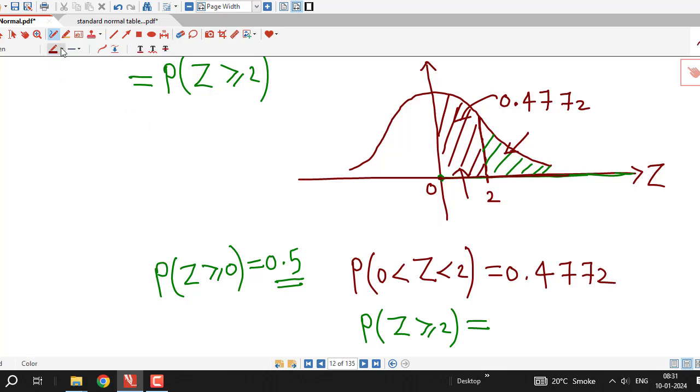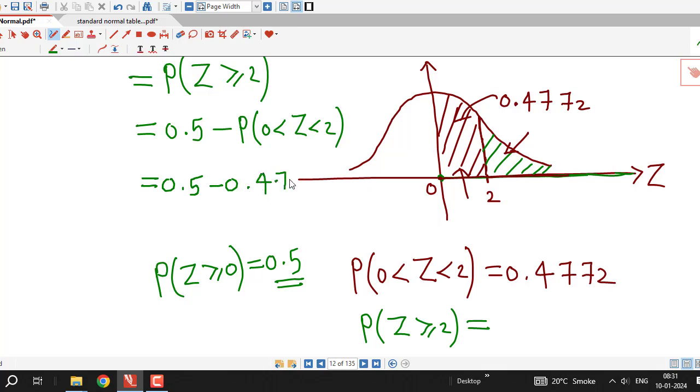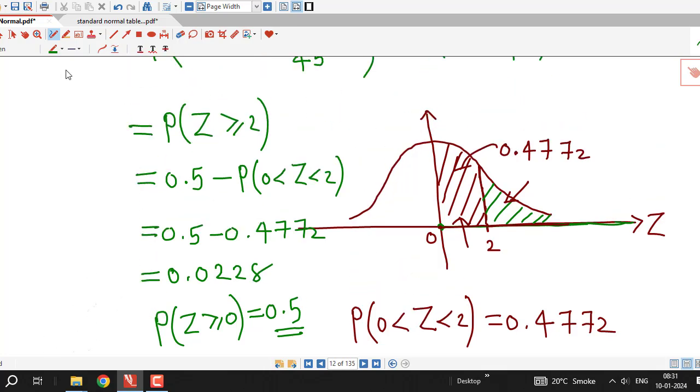So this we can write here as this is equal to 0.5 minus probability that Z lies between 0 and 2, and if I consider 0.5 minus 0.4772, then I will obtain, let me take the subtract, so this turns out to be 0.0228. So in this way we have to use given table values.